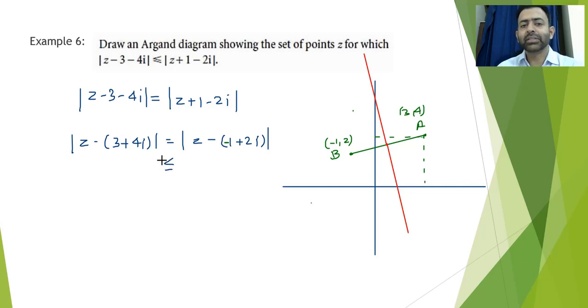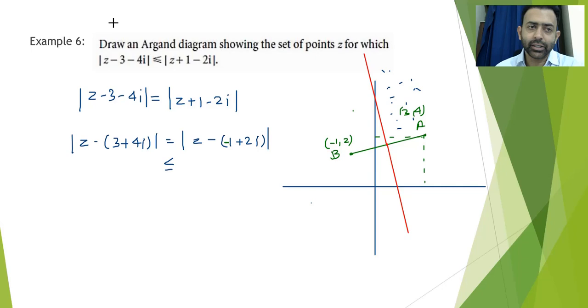So it simply means that all these points z are lying in such a way that the distance of the point from 3 comma 4 is less than the distance of the point from minus 1 comma 2, right? So all the points which are lying on the right hand side of this perpendicular bisector will satisfy this inequality.